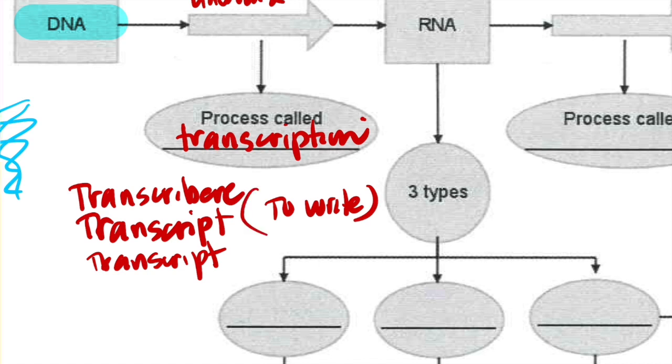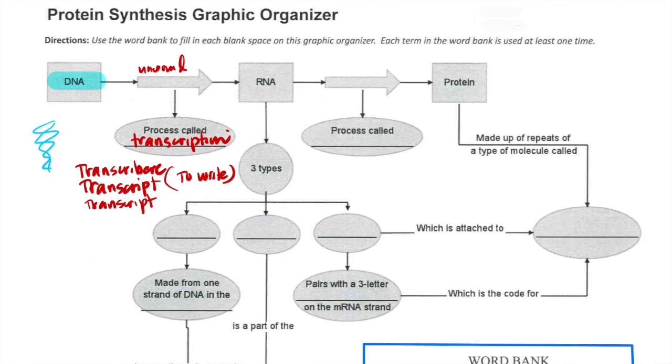So this is important because the process of transcription, which is the first step of protein synthesis, is to write. What are we going to be writing? What it's going to be writing is the code for the DNA instructions to make a particular protein.